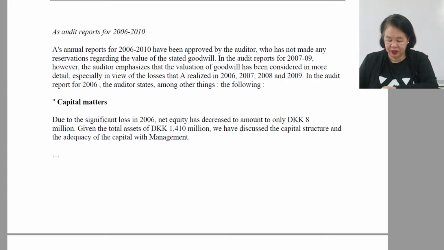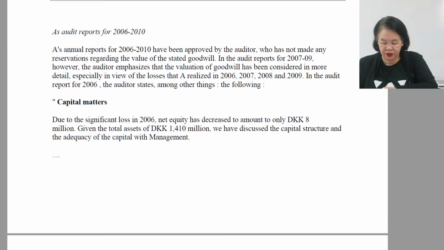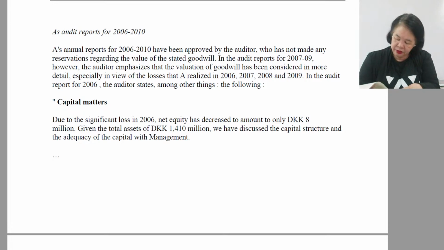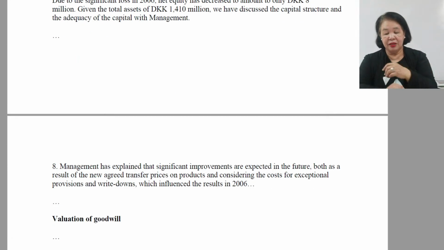Kaya makikita mo yung adequacy ng capital with management, no, doon sa okay. So capital structure and adequacy of capital with management. No?